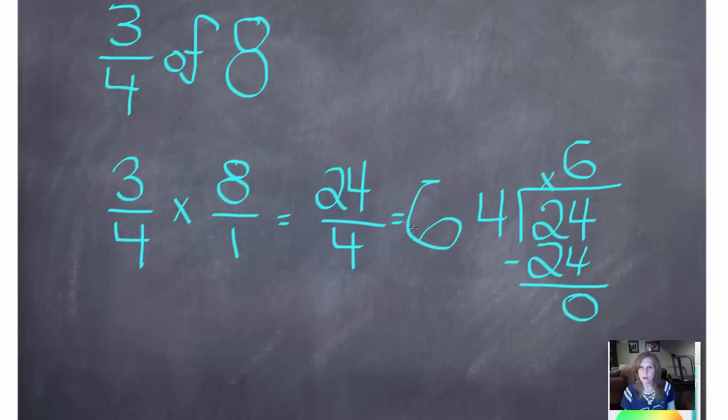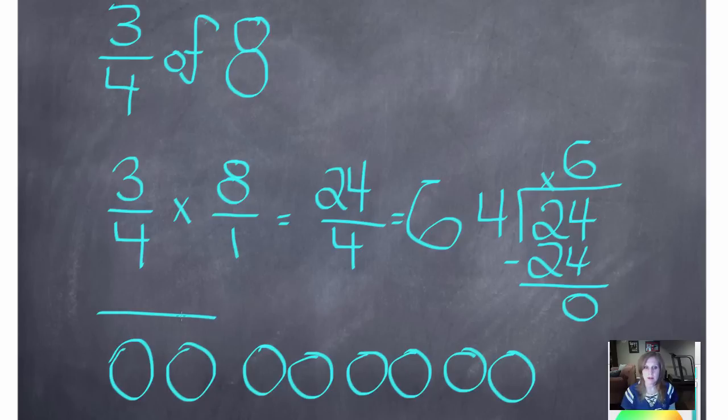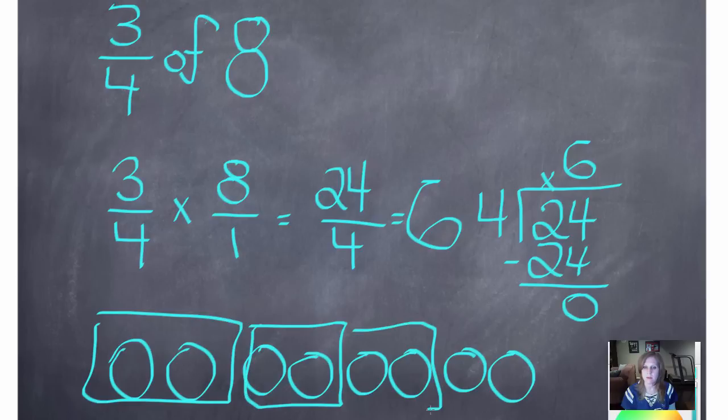Now, I do want to show you a picture really quickly of why this would be true. So if we have 8 eggs, and we know that we're looking at 3/4 of them, if we divide these 8 eggs into 4 parts, here you've got one group of eggs, there's another group of eggs, and there's another group of eggs, and another group.